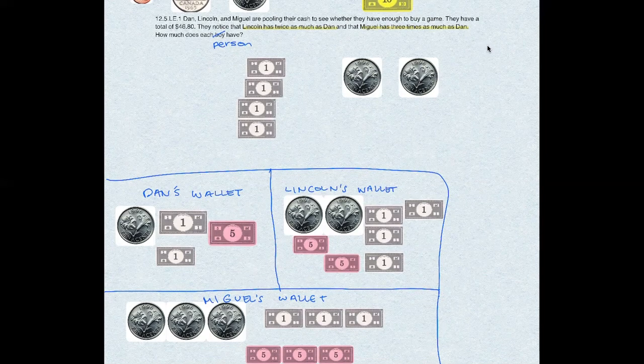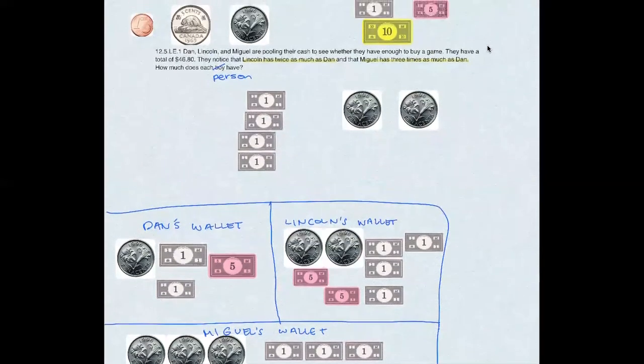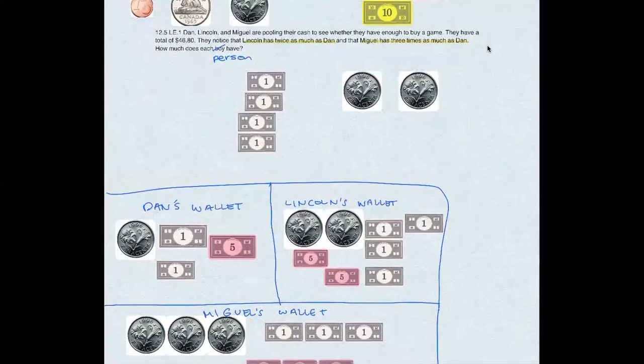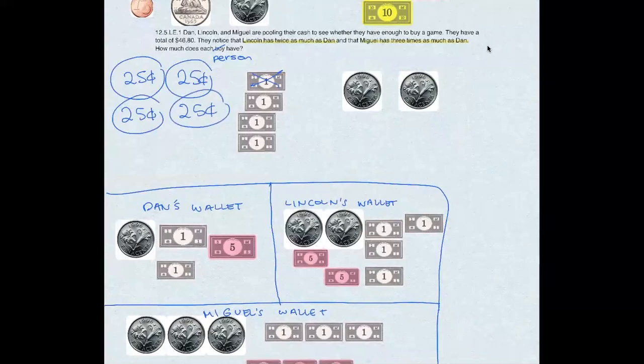And so I'm just going to break up the $1 into, I'll do quarters first, and I don't actually have an image of a quarter on here. So I'll just draw 25 cents, turn this $1 into 25 cents, 25 cents, 25 cents, 25 cents, sets of four of those as well.